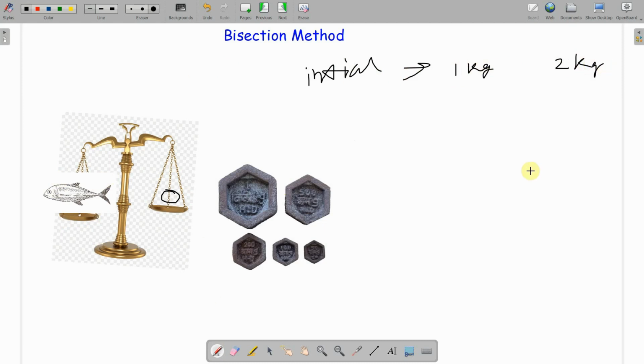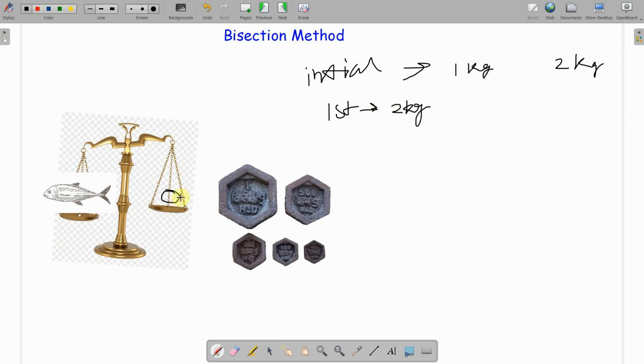So what he will do, first he puts the 2 kg weighing unit, the batkhara.